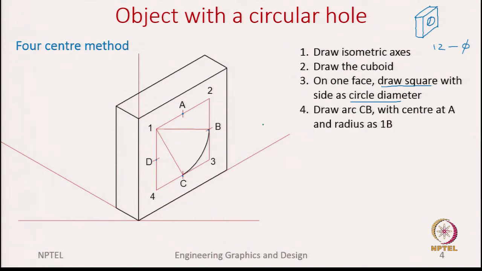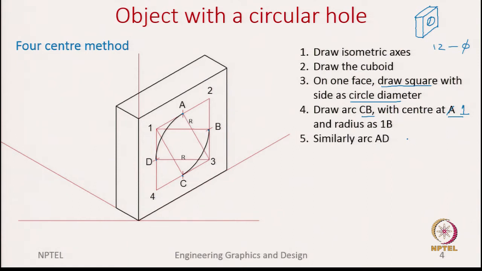So, we draw this arc CB with center at 1 and radius 1B. Okay. So, now we are able to draw this arc BC. Using the same method, we should be able to draw the arc AD.